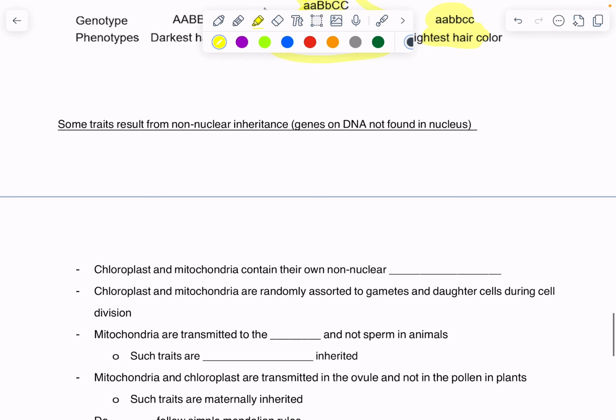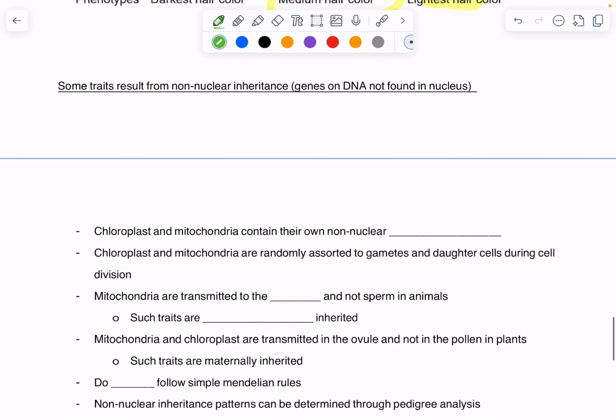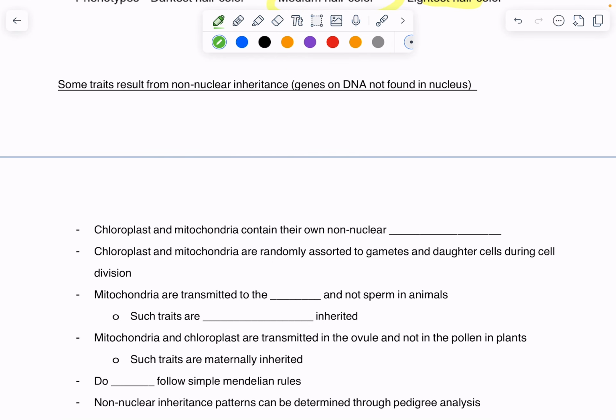All right, and then the last concept for this topic: some traits result from non-nuclear inheritance. What does that mean? These are genes on DNA not found in the nucleus. For humans or animals, where else is DNA found? That's referring to the mitochondria.